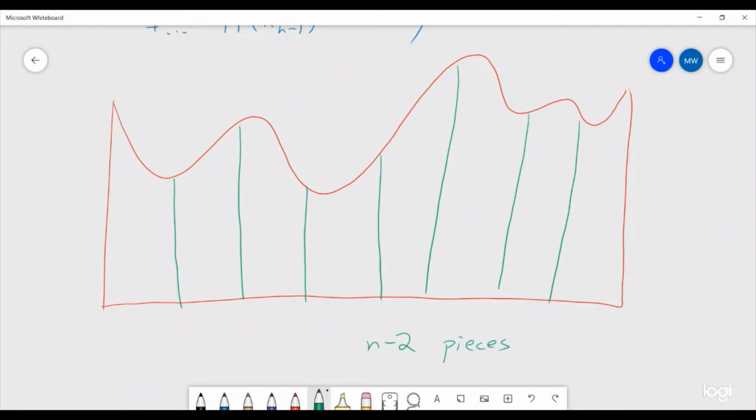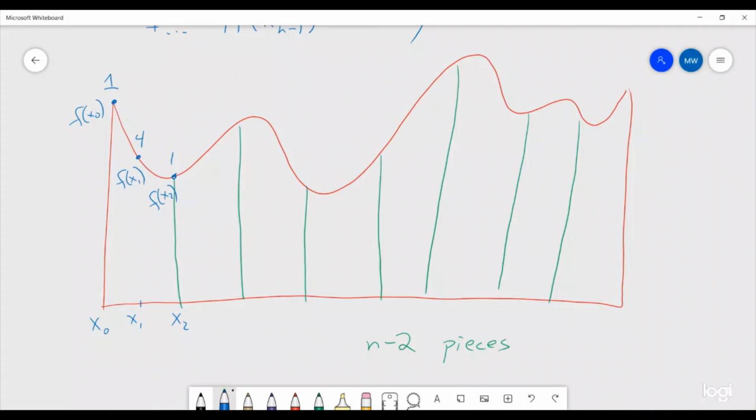What Simpson's Rule says is if we were to weight each of these separately, so here are the different points we're looking at, if we were to take 1 of this one, 4 times this one, and 1 of this one. So down here we have x0, x1, x2. Up here this is going to be f of x0, f of x1, f of x2.